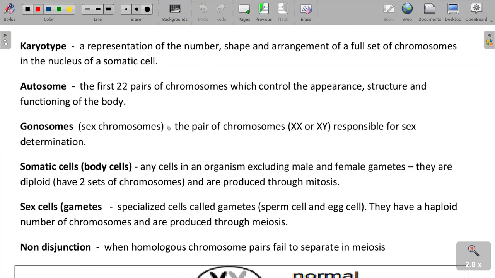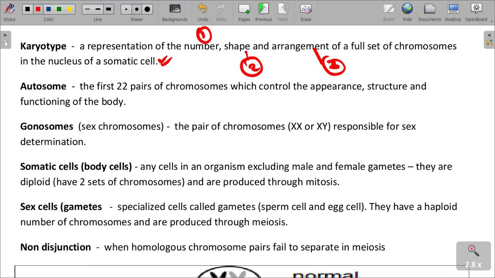It is the representation of the number, the shape, and also the arrangement of a full set of chromosomes in the nucleus of a somatic cell. That is called the karyotype. When we look at the arrangement, the representation, the shape, and the number of a full set of chromosomes in the nucleus of a somatic cell, we define that as the karyotype.